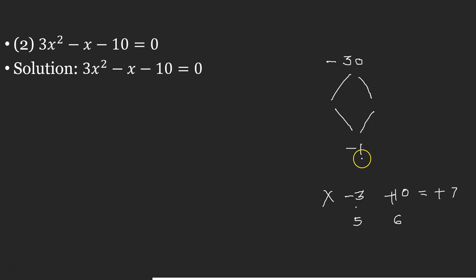And their sum must be minus 1. म्हणजे या दोघांचं साइन कसं असणार आहे? तर डिफरंट असणार आहे. आणि मोठ्याला मायनस साइन म्हणजे इथे 6 ला मायनस साइन असणार आहे आणि 5 ला प्लस साइन असणार आहे. इफ यू ऍड देम algebraically, you will get minus 1, and therefore minus 6 and plus 5, these are the two numbers such that whose sum is minus 1 and the product is minus 30, and therefore here we write that is a minus 6 and plus 5. These are the two numbers such that whose algebraic sum is minus 1 and their product is minus 30.